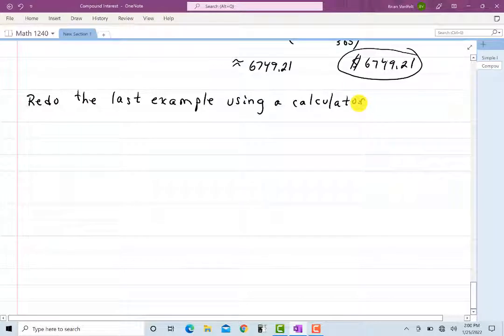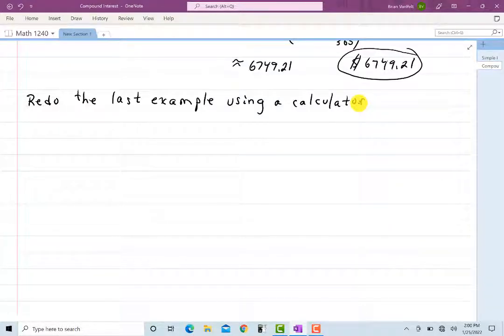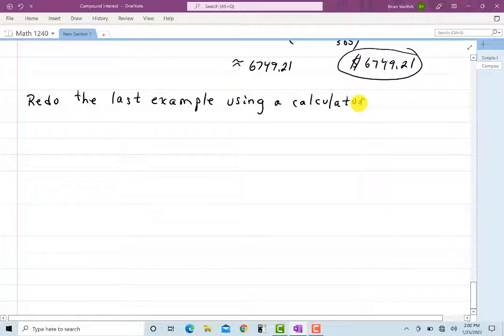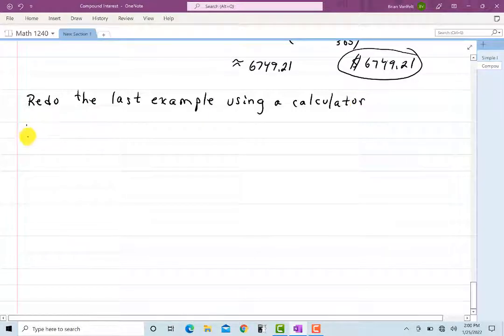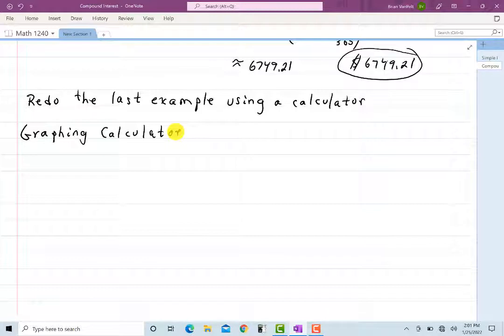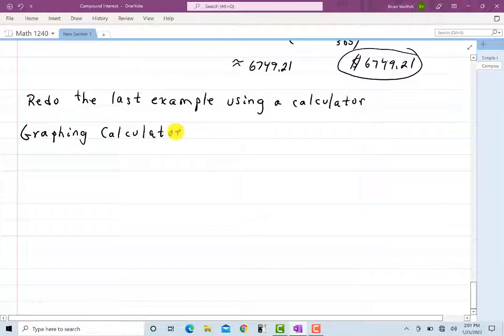I have 3 different types of calculators, and the ones that I use are, I think, the most popular kind, so I should be able to cover everything because the inputs are really what's important, how you input the information. We're going to start with a graphing calculator. And keep in mind, I do not in any way, shape, or form recommend that you get a graphing calculator for this course, but those calculators are very capable of doing these problems very easily. You'll see what I'm talking about.